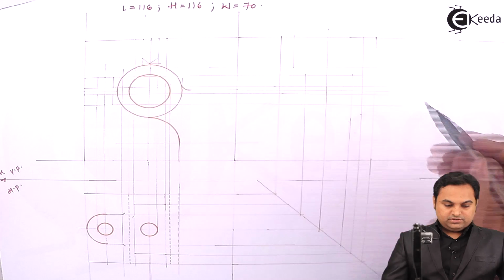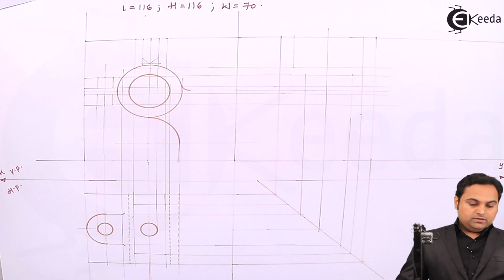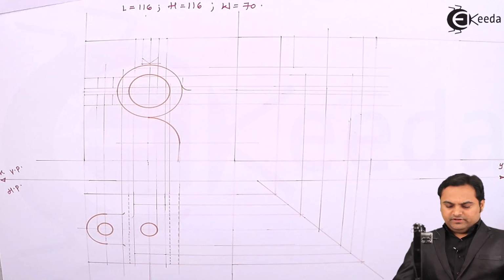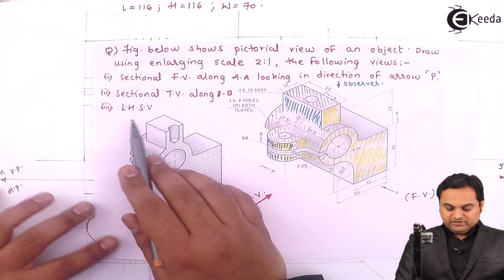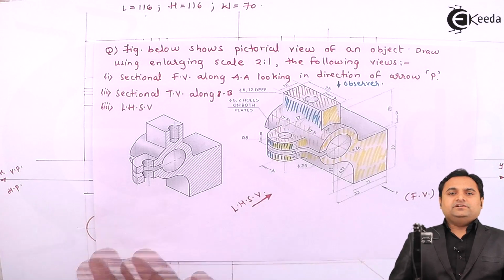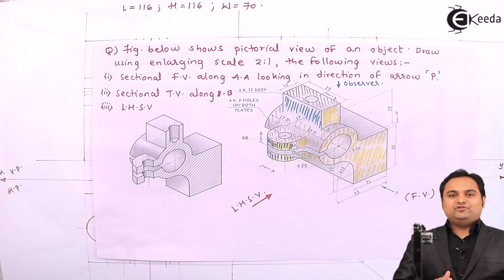So this is the width. Next, here if we see in this question, it has been said that we have to draw the left hand side view. Now this left hand side view is not sectional, so you can directly make it dark in order to avoid any kind of confusion here.